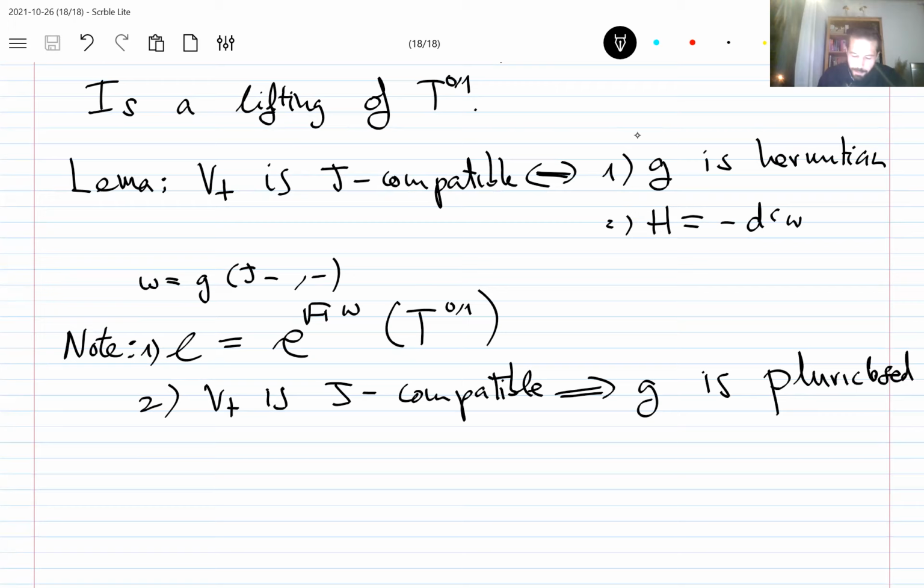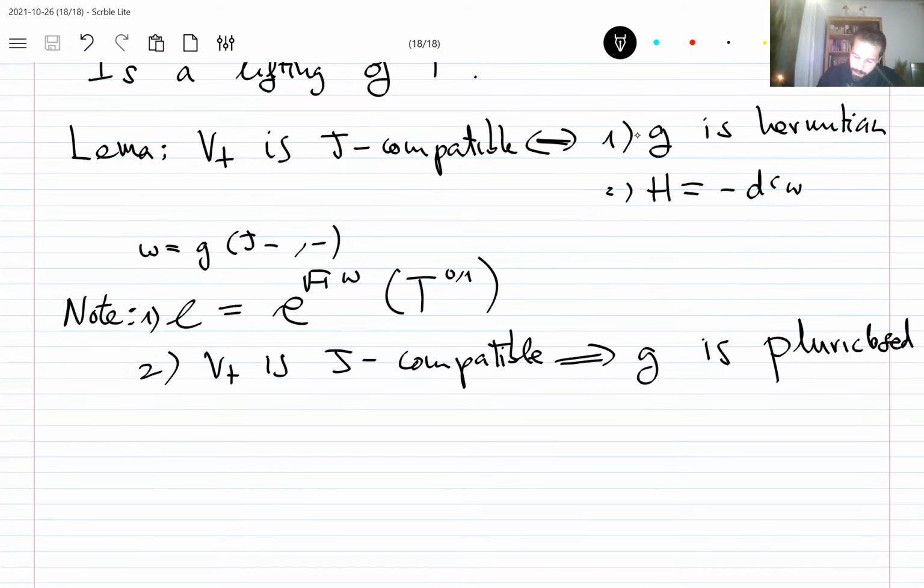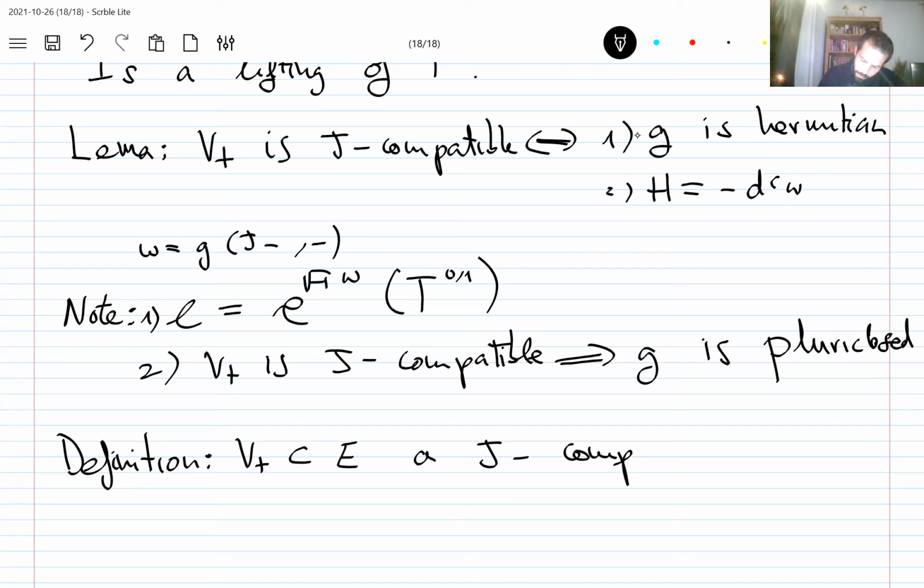Okay, so here is the main definition that we're going to use now. Definition: let B plus be a J compatible generalized metric as before.